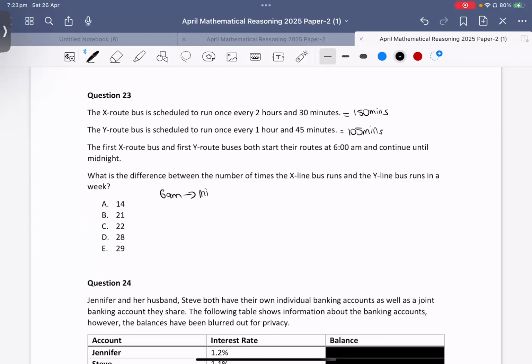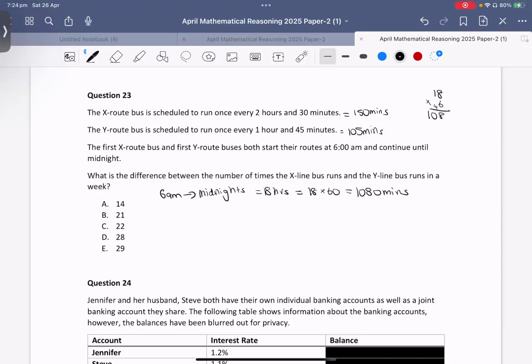And how I know that is 6 a.m. to midday is 6 hours, midday to midnight is 12. Okay, and we know that 18 hours is going to be how many minutes? It's going to be 18 times 60. How you can do this is do a quick 18 times 6, which is 108, and then add the 0 back in. Why is this all important? Because it's easier to divide minutes than it is to divide hours and work out things with decimals as well.